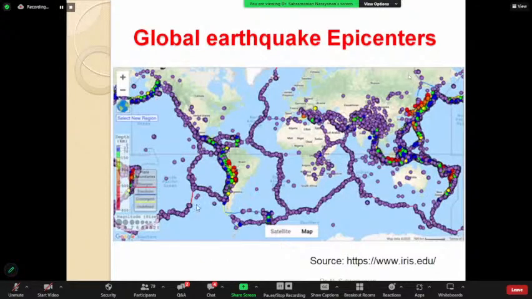The earthquakes occur, you see, in India near the Himalayas. This is a great earthquake region, because the two plates join at the Himalayas. Another great earthquake region is the west coast of America.